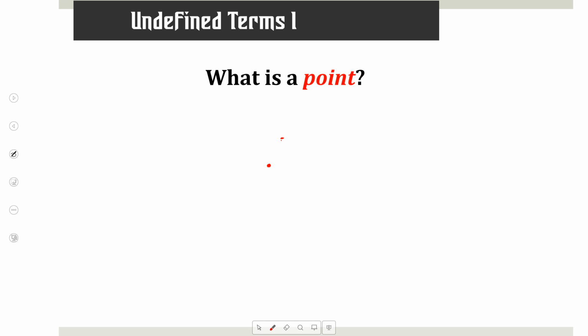All right. What if I drew my point like that? Is that a point? We know it's bigger, yes, very good. But is it still a point? How many people think yes, it's still a point? Awesome.